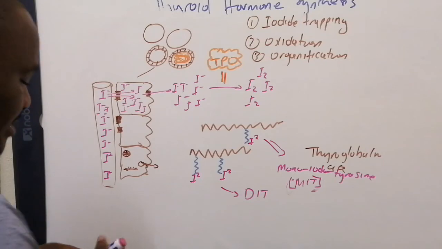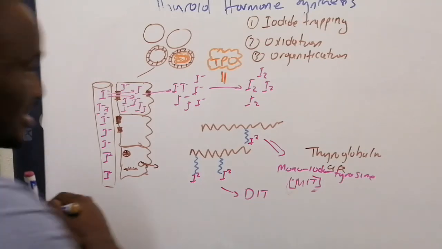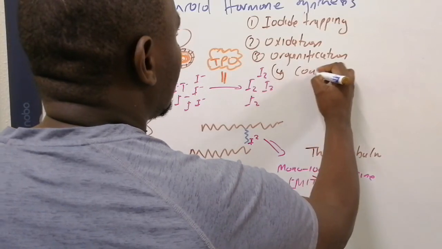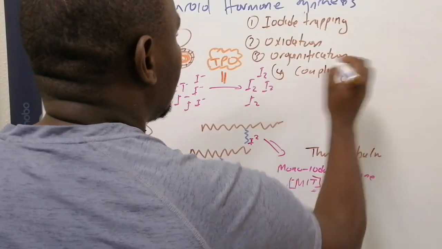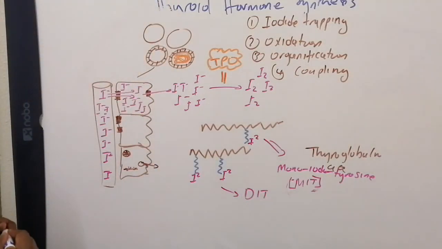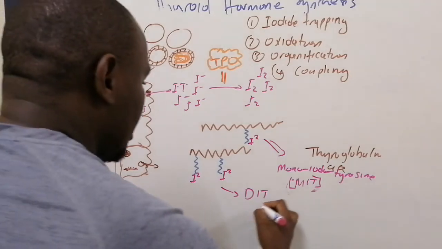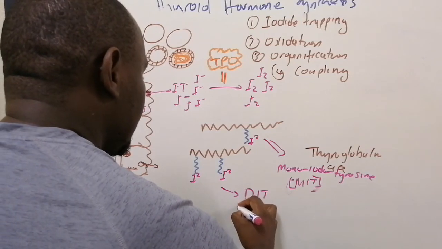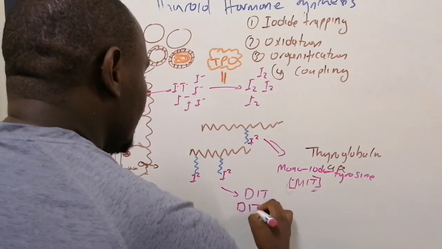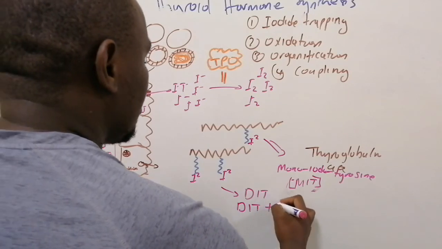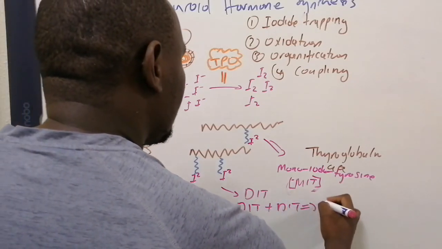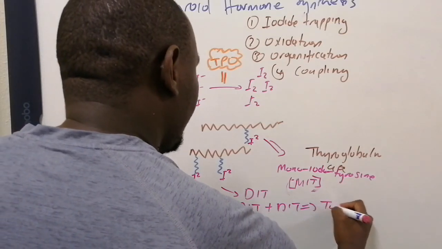So what's gonna happen, the next step will be what is called coupling. Number 4, coupling. Coupling is a process whereby a DIT combines with another DIT to form basically T4.